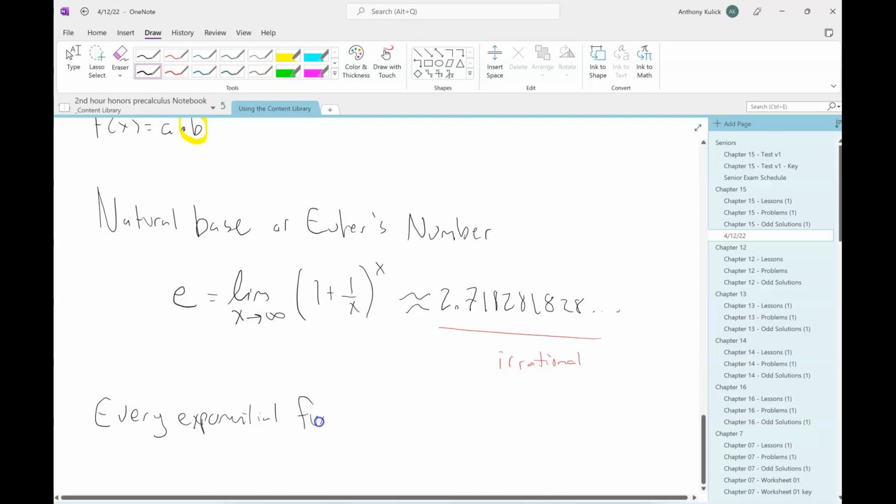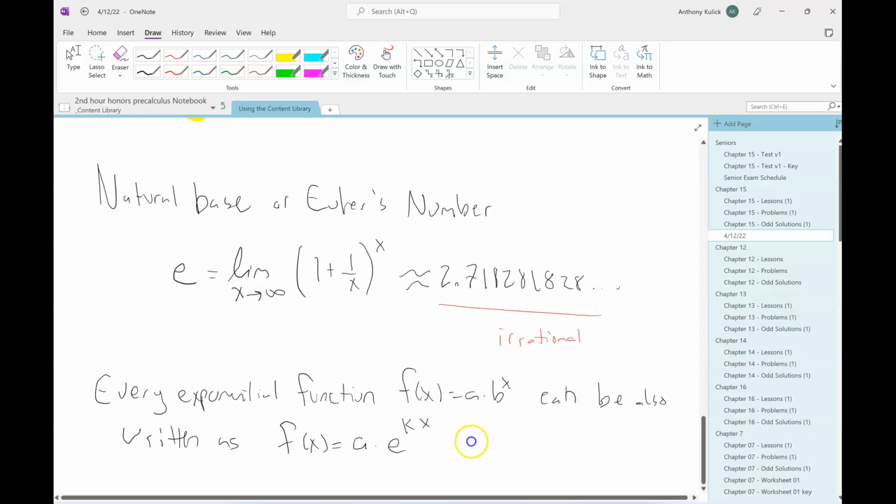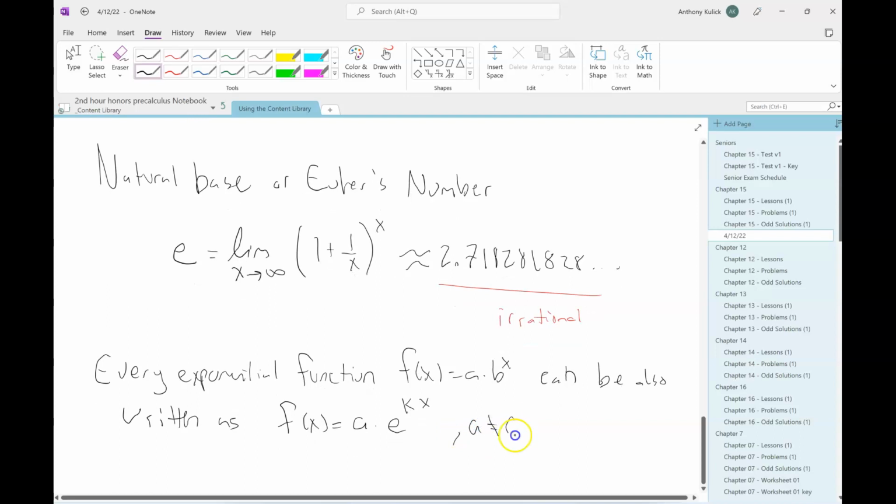exponential function f of x equals a times b to the x can also be written as f of x equals a times e to the kx, where again a is non-zero and k is non-zero.